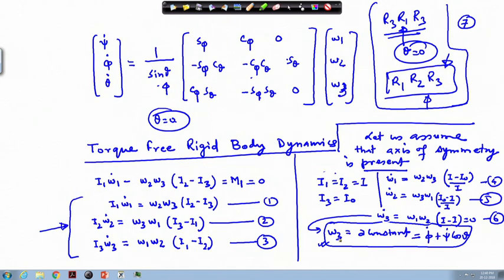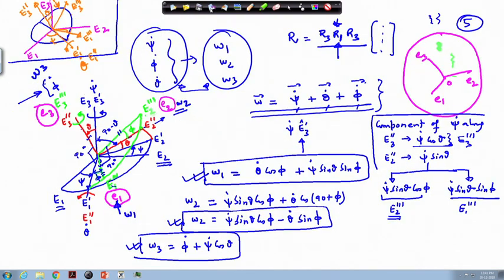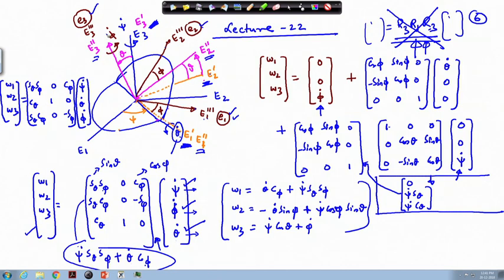The angular velocity along the third body axis, along this axis, we are writing as omega 3, this is along omega 2, and from this place we have omega 1.